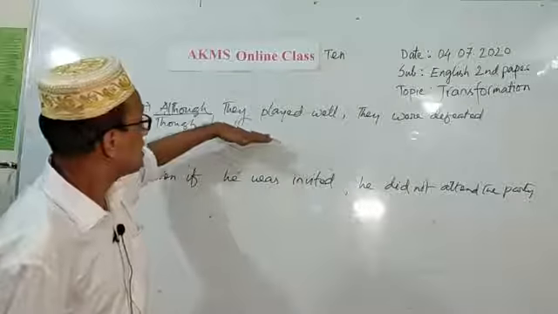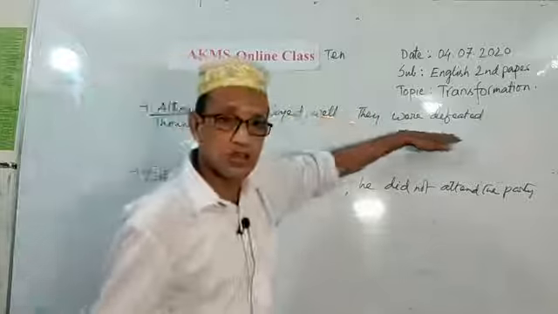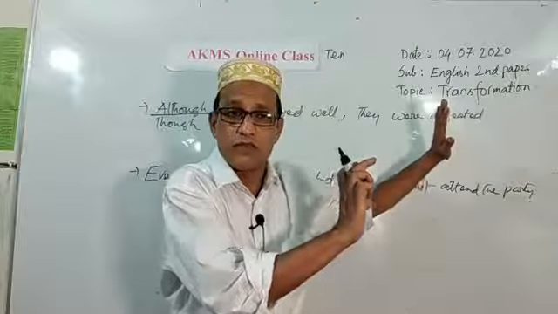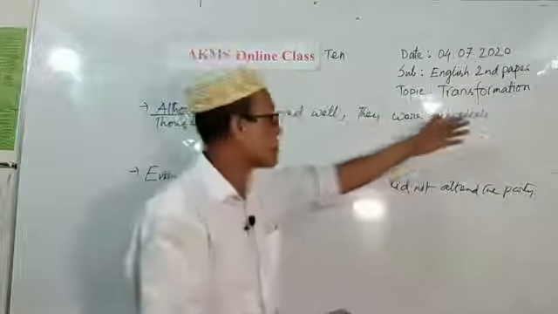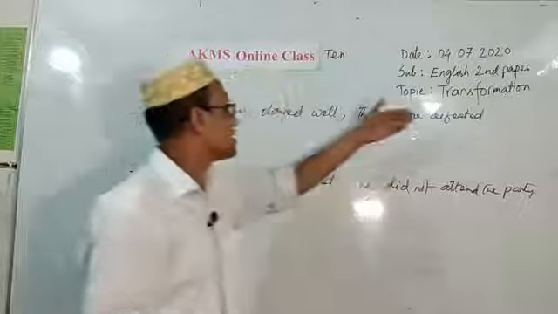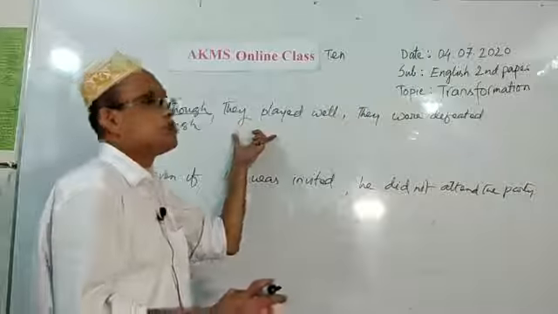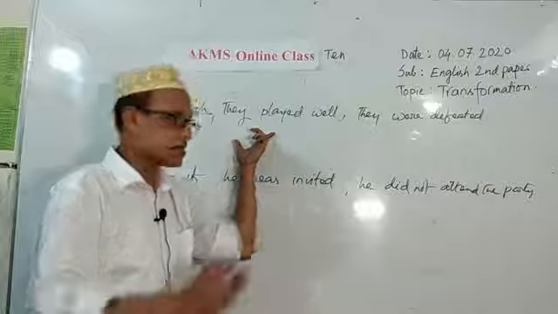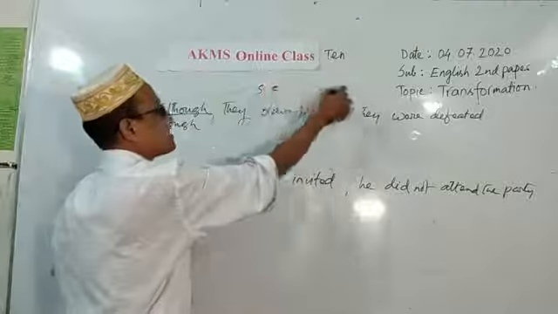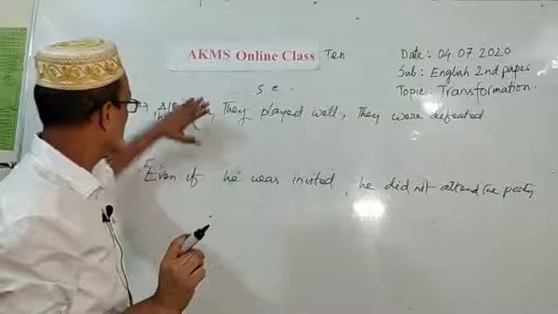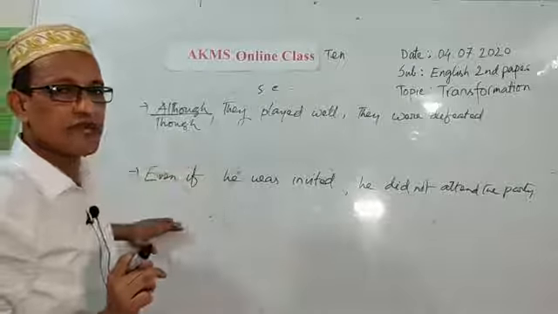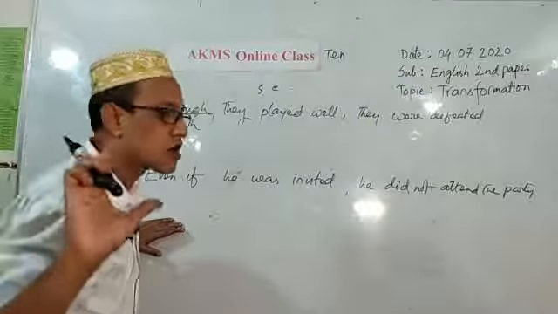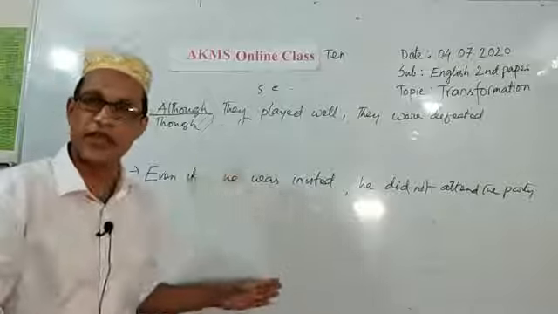If they played well, they need to win, but they were defeated. This clause is fully opposite to the first clause. It is the subordinate clause and it is principal clause. Although, though or even if always combines two clauses of opposite meaning.